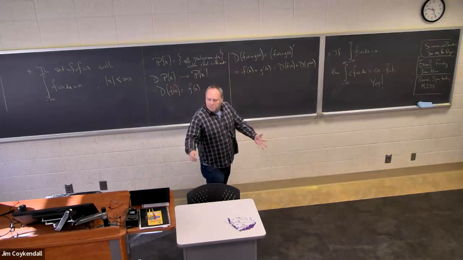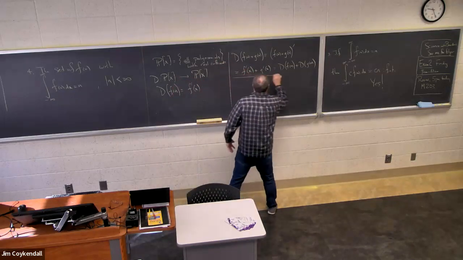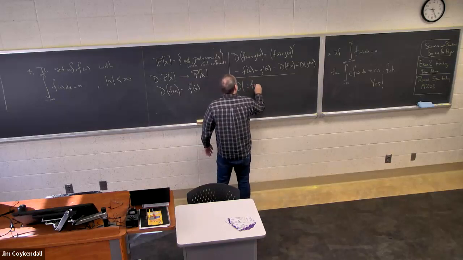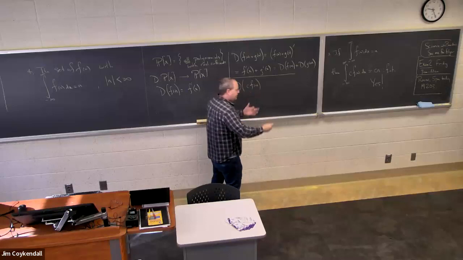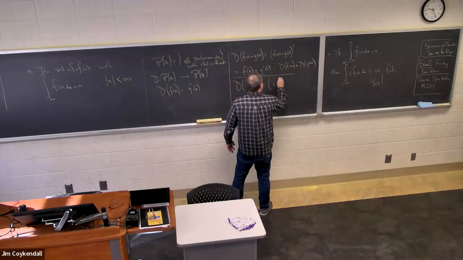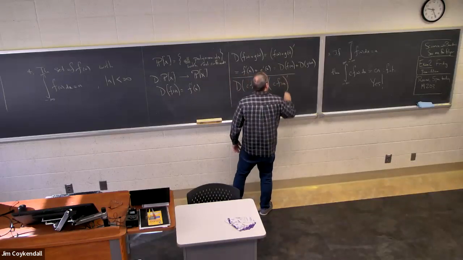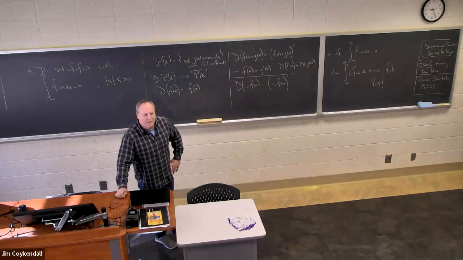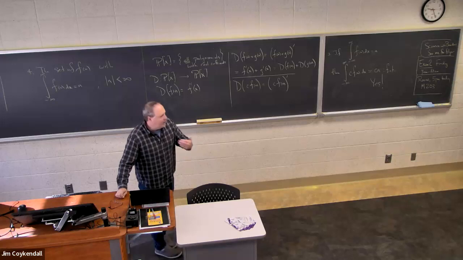We have to convince ourselves that it preserves scalar multiplication. So again, this is saying take my derivative, which I will do. And what's the thing that we can do with constants? Pull it out.